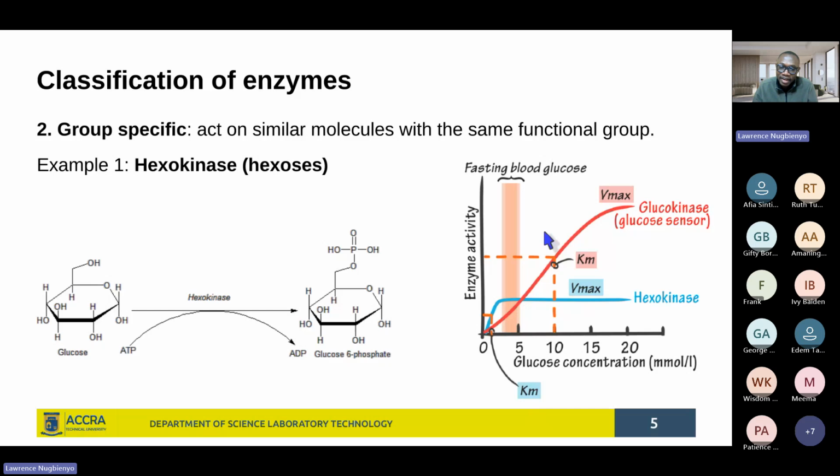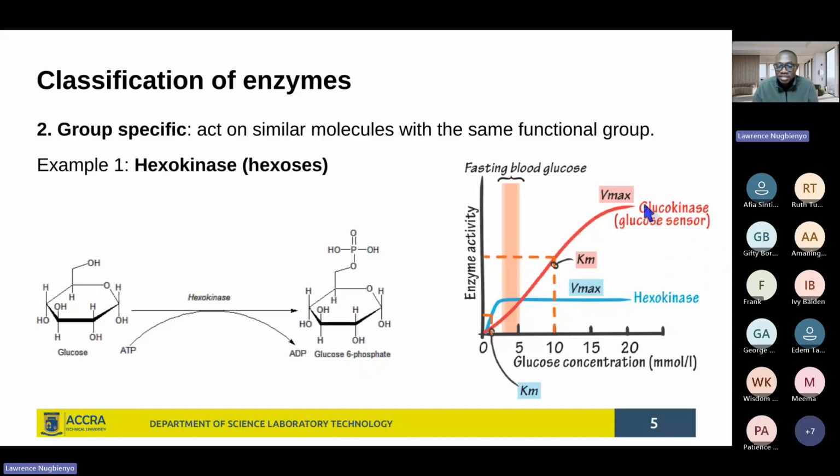So on the right-hand side, what you see here is the activity of hexokinase compared to the activity of glucokinase. And we see hexokinase is more or less at a constant concentration all along. But we see that glucokinase shoots up, rises up.